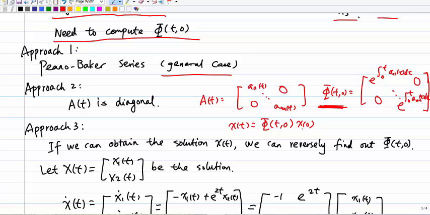So if I give an initial condition, I can find my solution x(t) and write it in this form. Then I can go back and figure out what Phi(t, 0) is. That's the principle for the last approach.